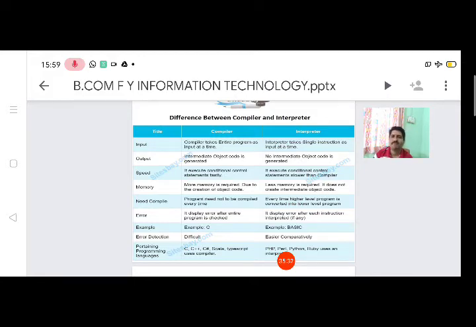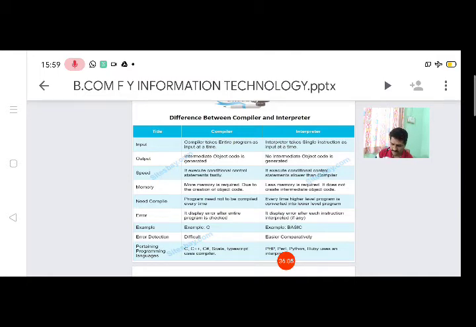For the basic comparison, first is the input. The compiler takes an entire program at a time, and the interpreter takes a single line of code or instruction at a time. The second basis of comparison is output.